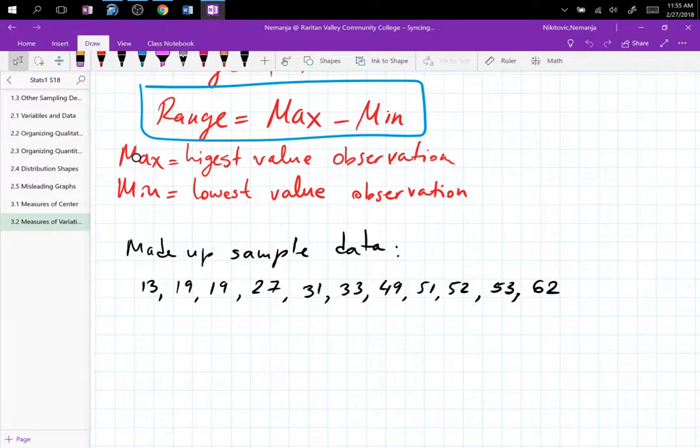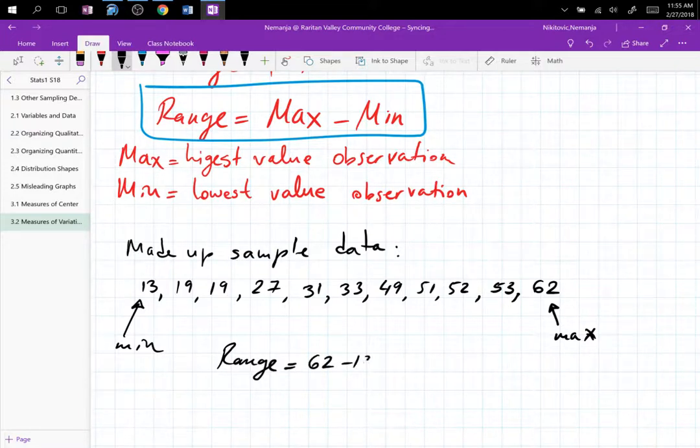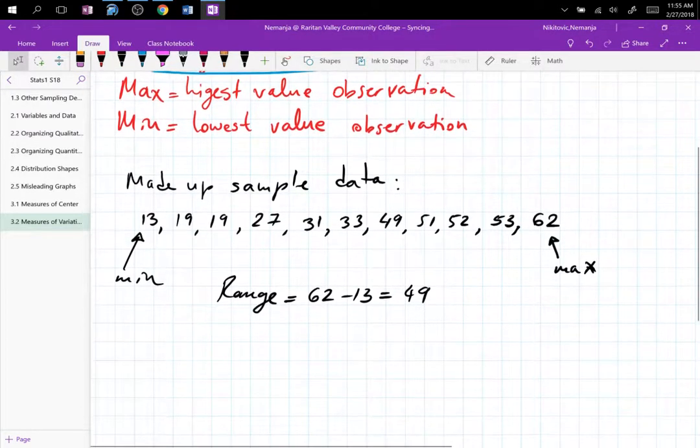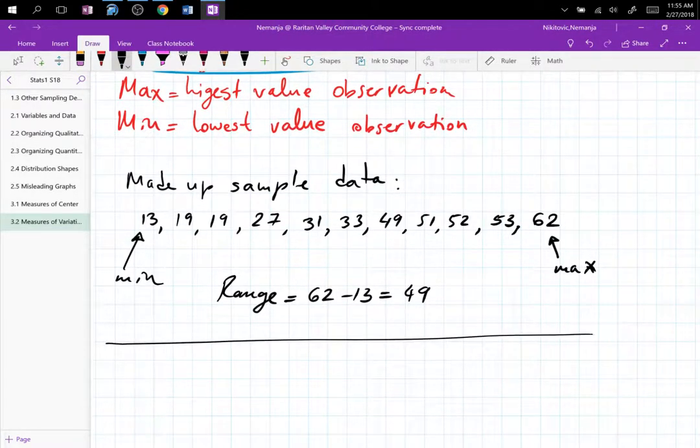It's important to know that the first number is the min and the last number is the max. So if you're calculating the range for this data, it will be 62 minus 13, which gives us 49. So that's the range. And we are now moving to the next concept.